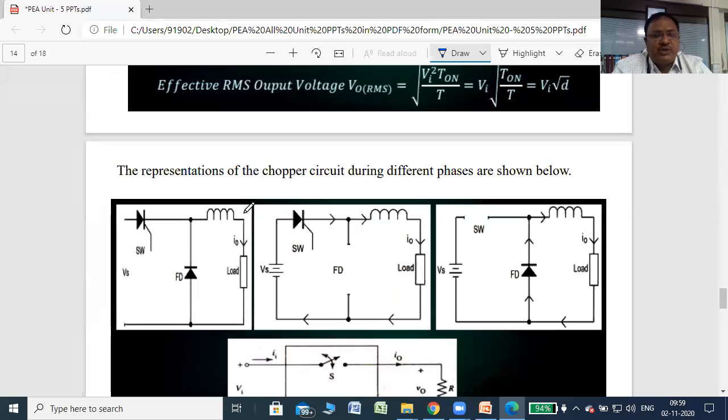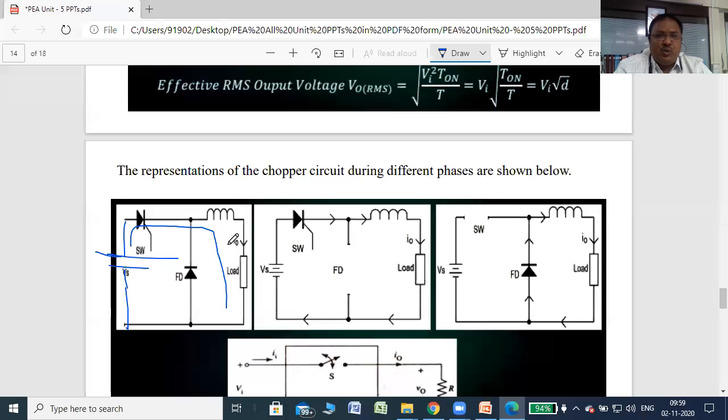This is actually a load, right? So here this particular switch SW is a switch. Here a supply is given. This is basically a DC source, right? Whenever the triggering pulse is applied, that time the switch is on. If the switch is on, load current flows, right?